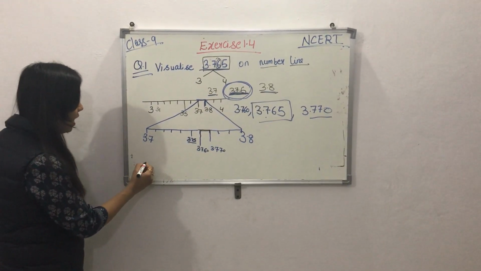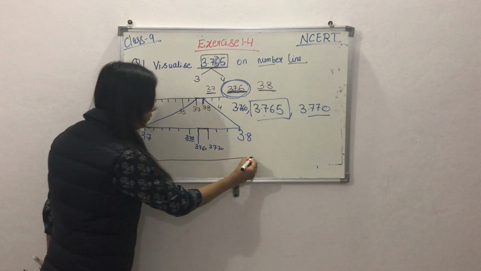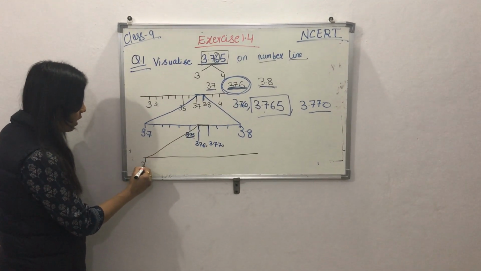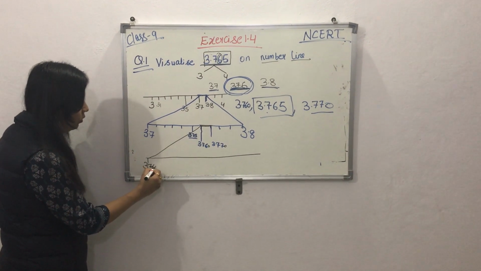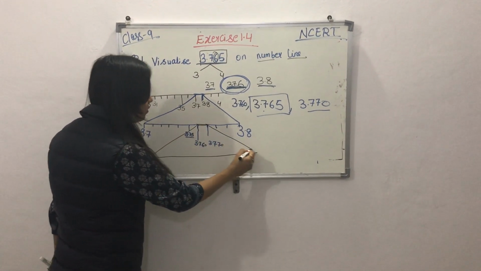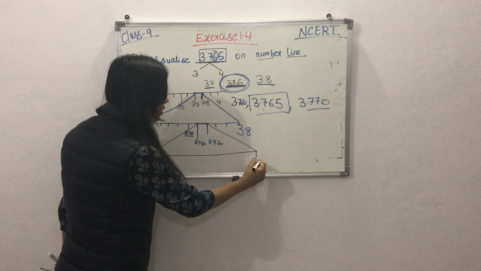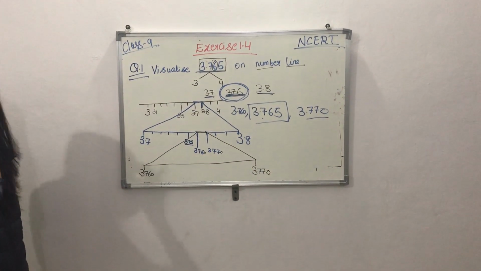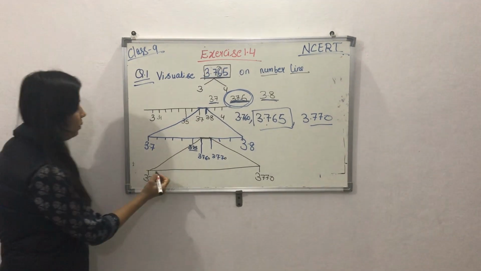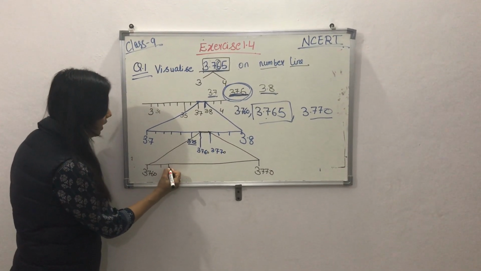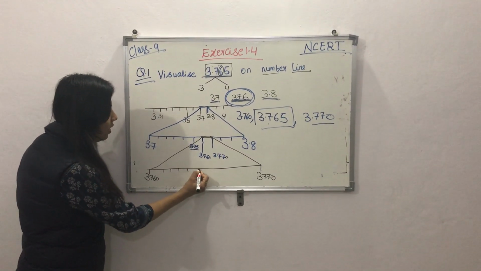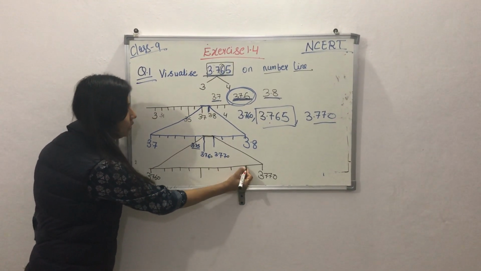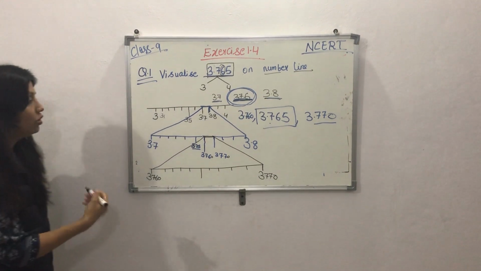So now again I will draw my number line. This will be my 3.760 and this point is my 3.770. Now I will divide this number line into 10 equal parts. So first part, second part, third part, fourth, fifth, sixth, seventh, eighth, ninth and 10th part. So now what I want?